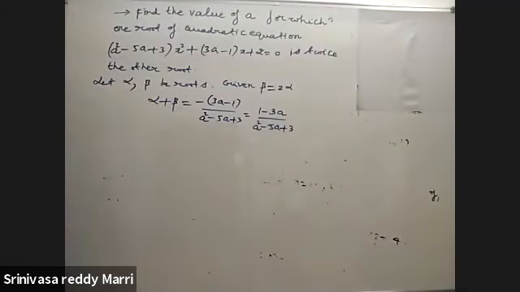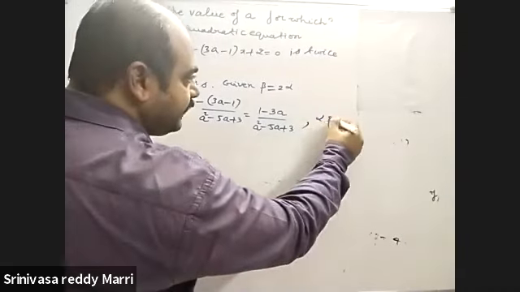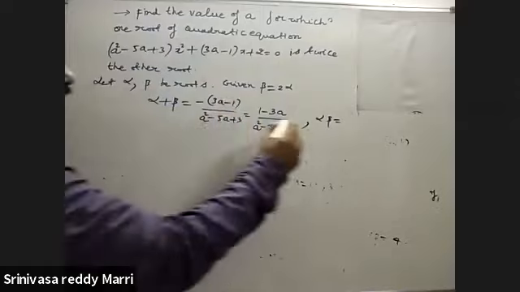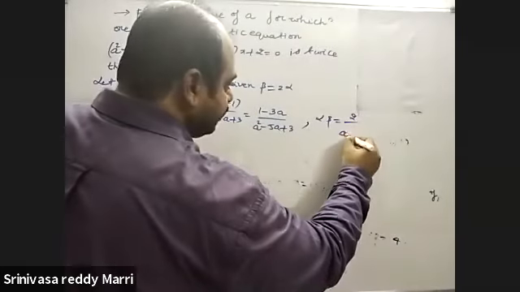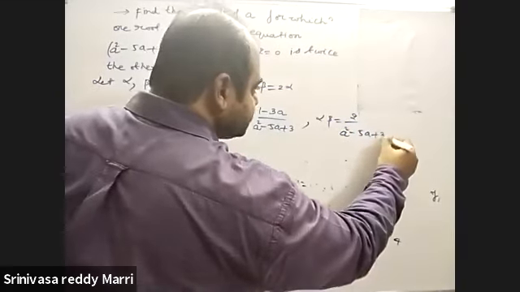So now I have written the relation between the roots. Now alpha into beta is c divided by a, which is 2 divided by a square minus 5a plus 3.